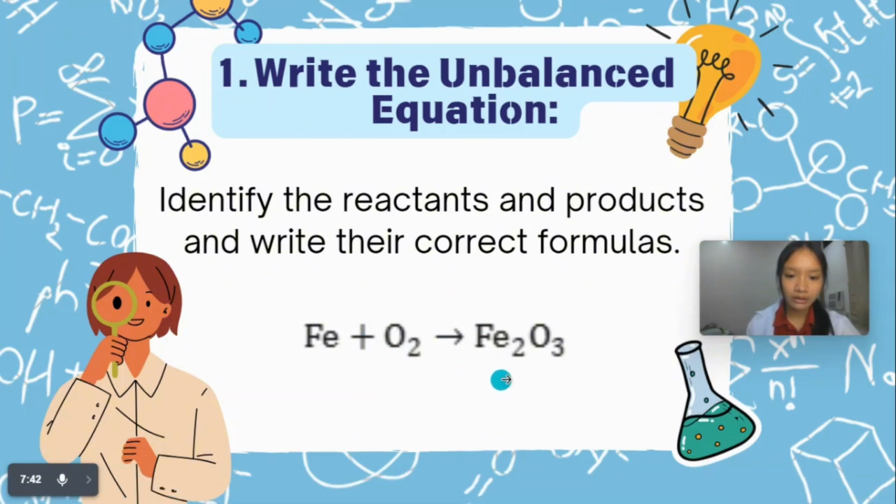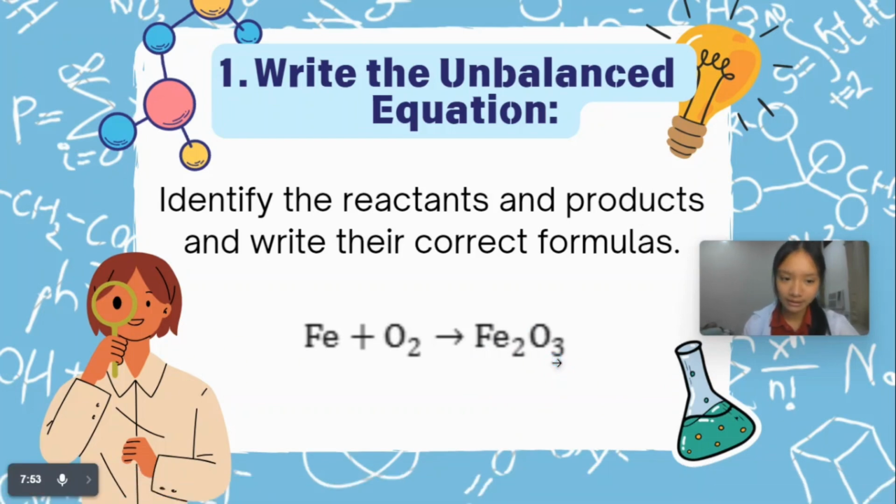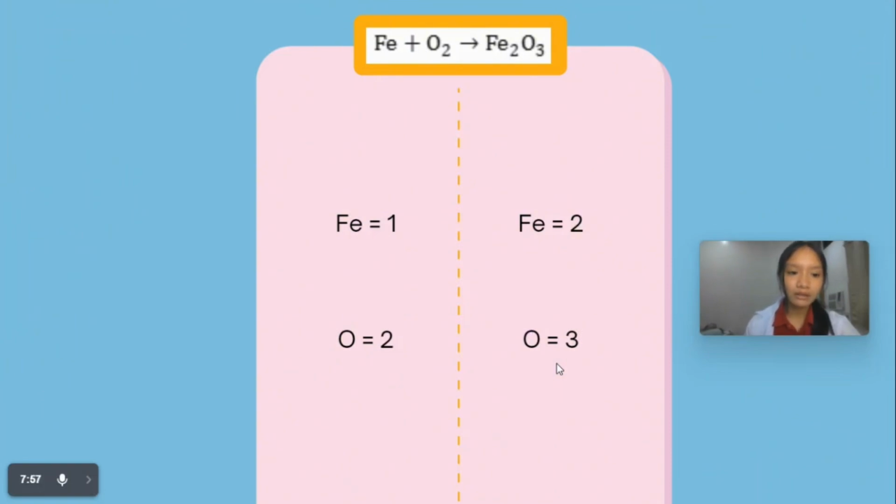In the products, iron has 2 atoms and oxygen has 3. Clearly, the equation is unbalanced. To balance it, we start by addressing the imbalance in the number of atoms of each element.